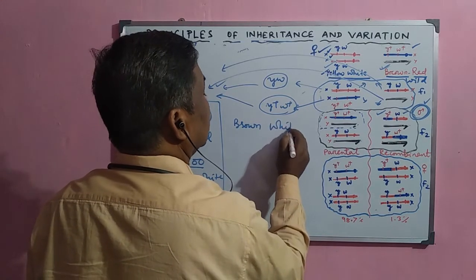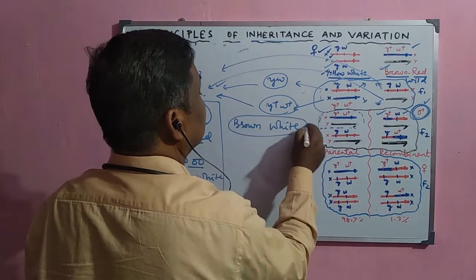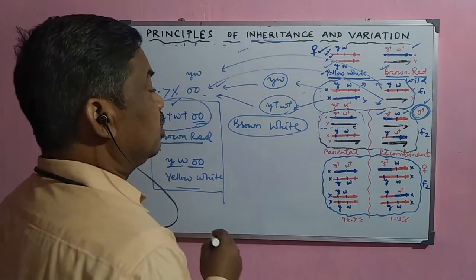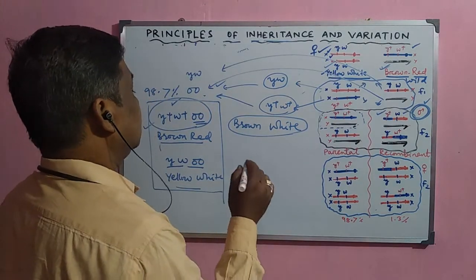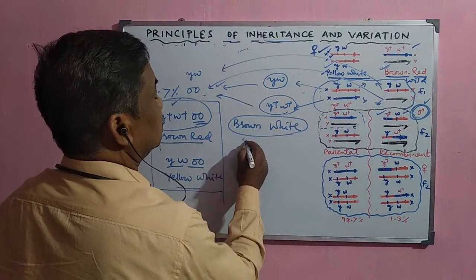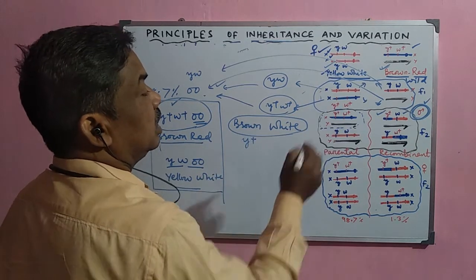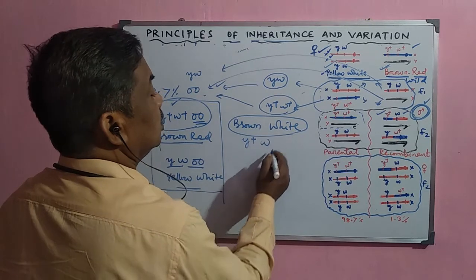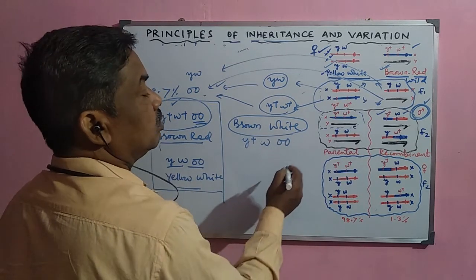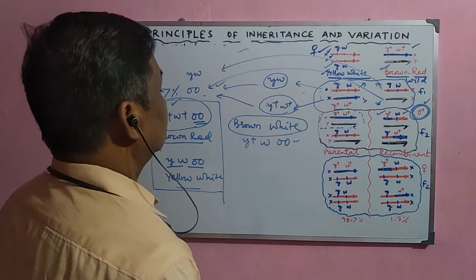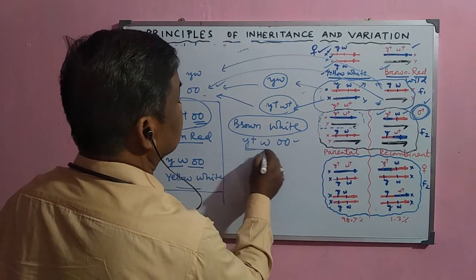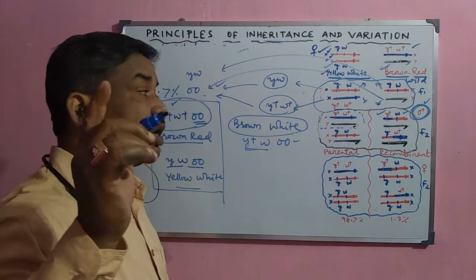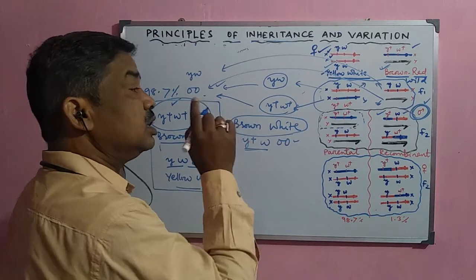So the brown and white type of males are also found. Brown means Y plus, and white means small w, and in the Y chromosome there is no gene. So this type of combination was observed in the F2 generation, which is a recombinant type.